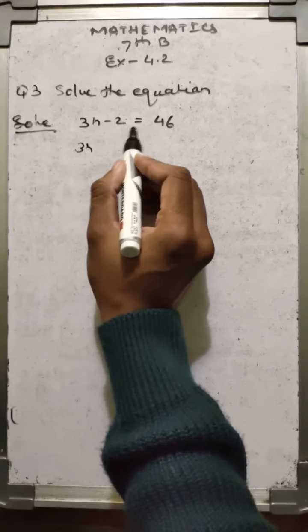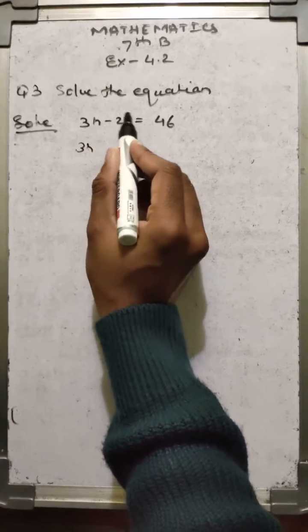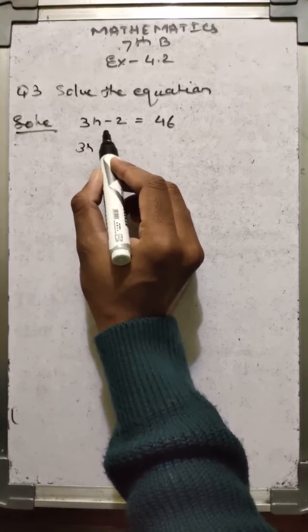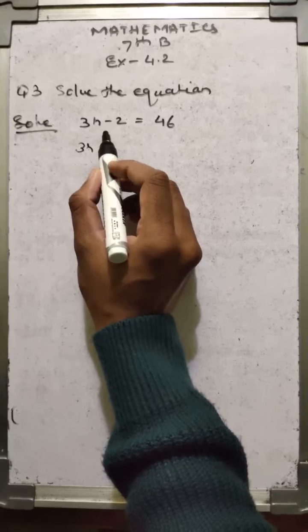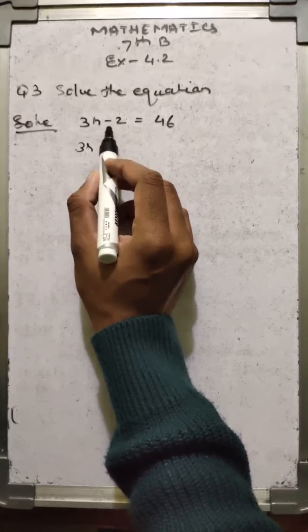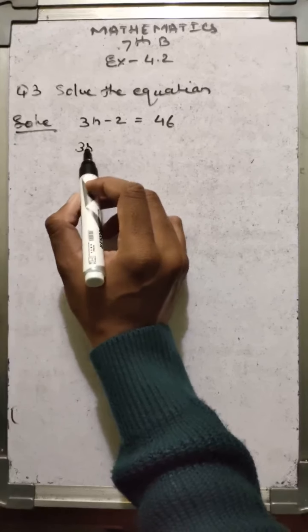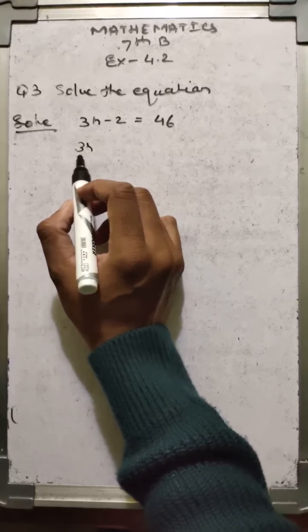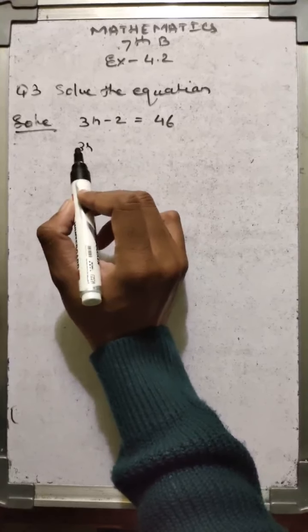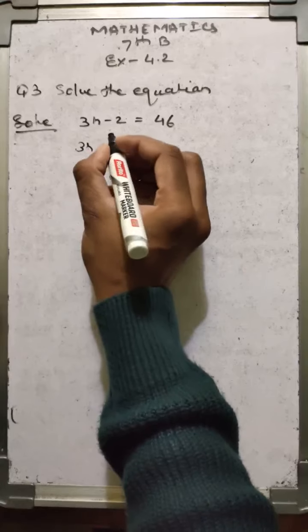First separate whichever number is in division, subtraction or addition. Whenever a number is in division, subtraction or addition, first solve that number. After that, separate the variable. The variable should be in division or multiplication alone. Then we should solve it, separate it.